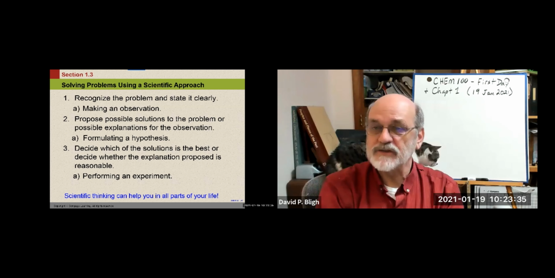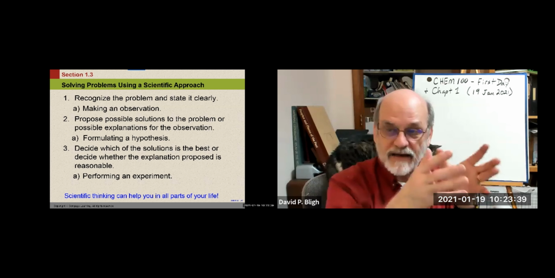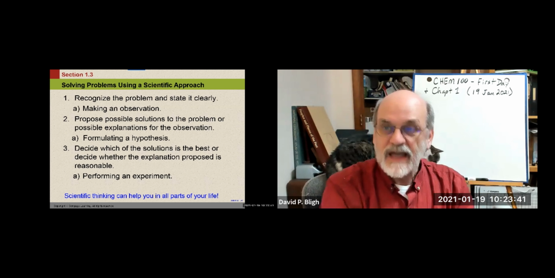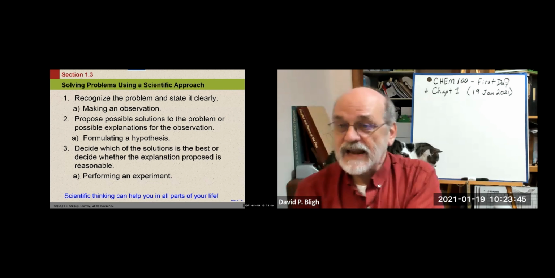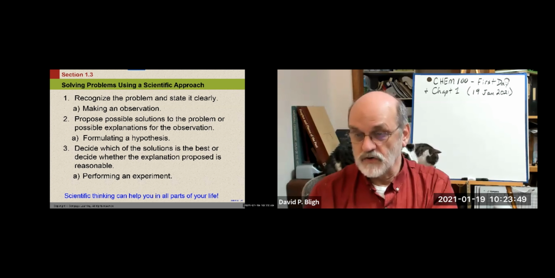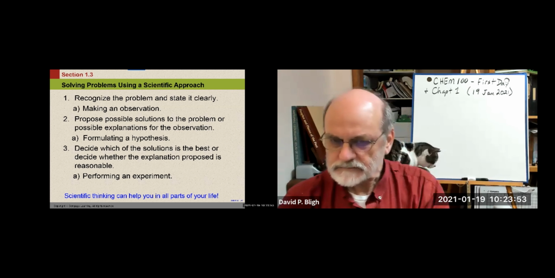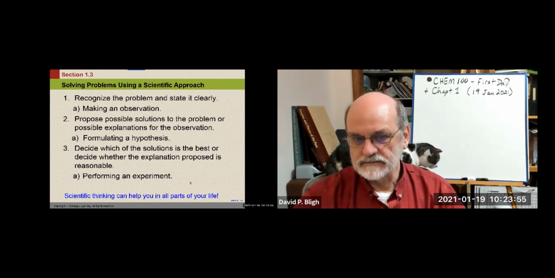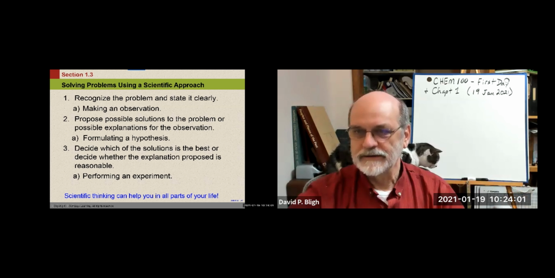You test the explanation. If my hypothesis is right, and I have this experiment, and it gives me these results, and I predicted those results, then we say that your hypothesis is confirmed. But you don't stop there, right? Because with every answer comes 3, 4, 10, 20 questions more.